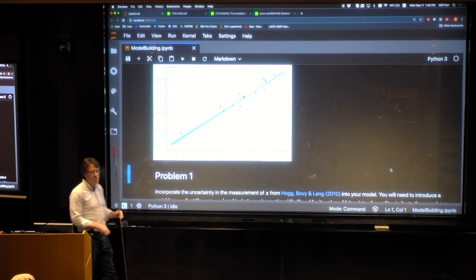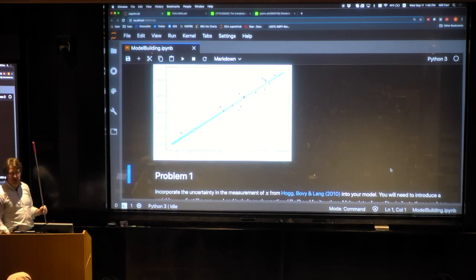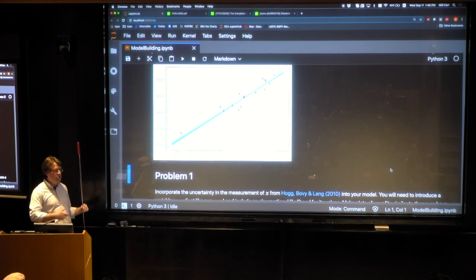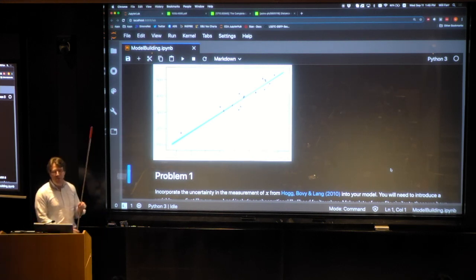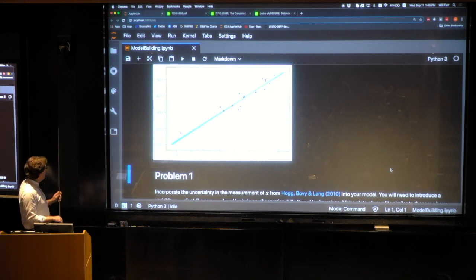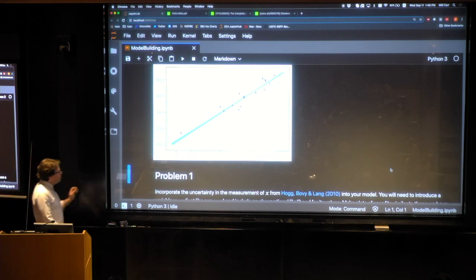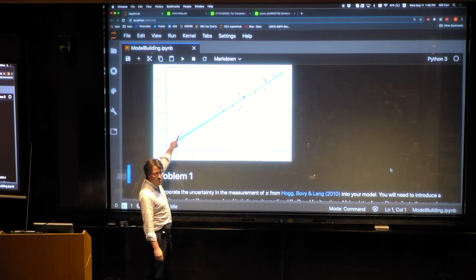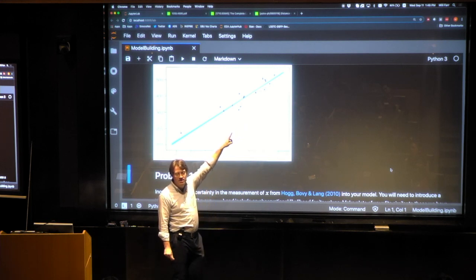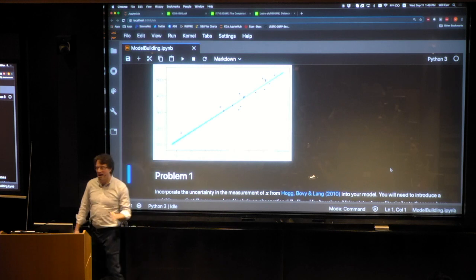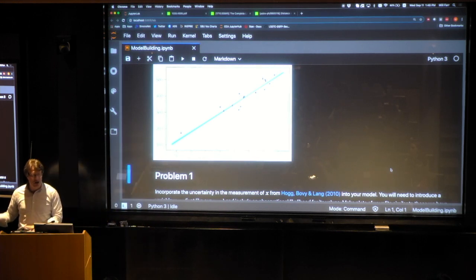So the lesson here is you can get a perfectly good fit, the sampler runs smoothly, you get an effective sample size that looks good, you make a pretty plot, and if you don't think carefully and compare your actual data to your model's predictions for the data, you can have a completely wrong model. I will just go out on a limb. I didn't generate this data, David Hogg did, but I will tell you that this model is wrong.